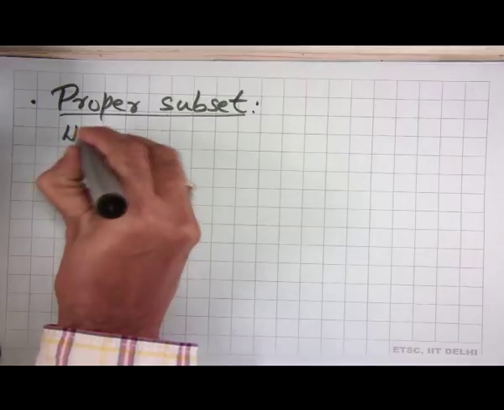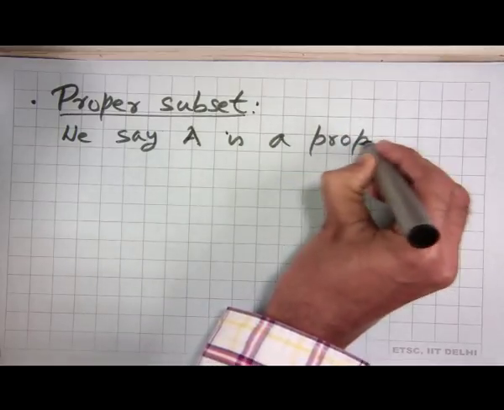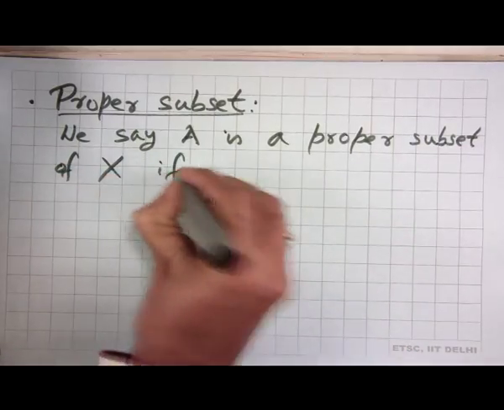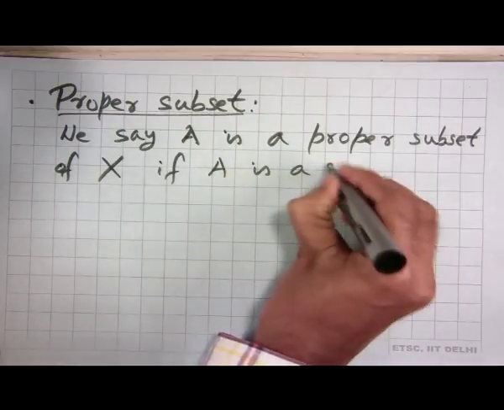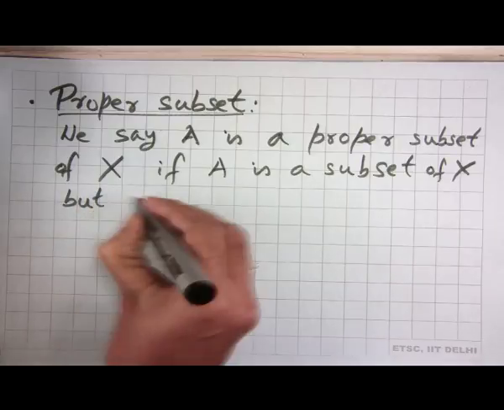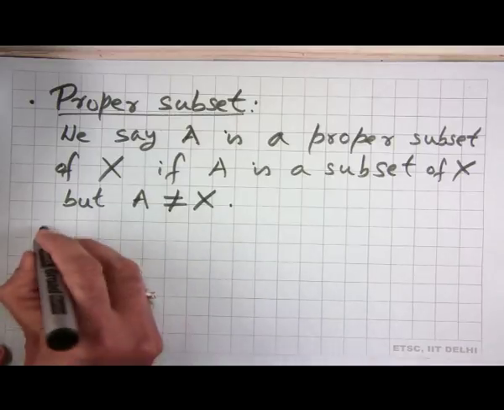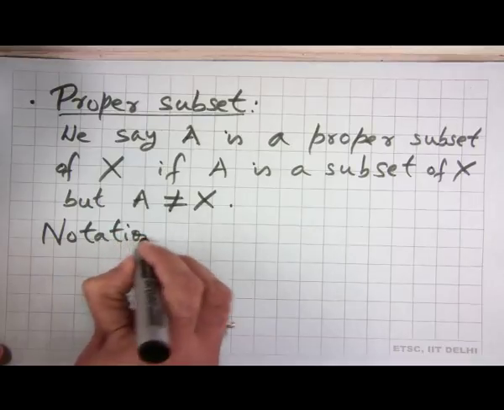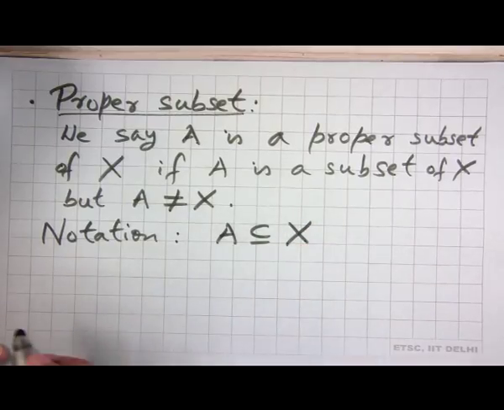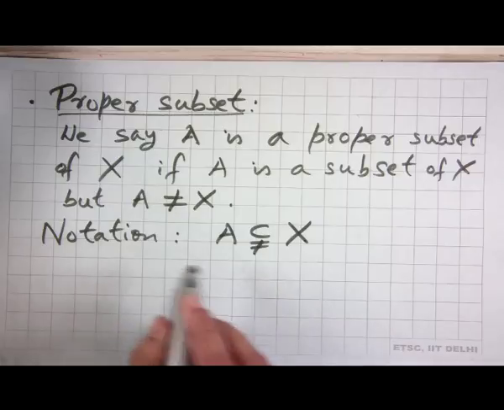We say A is a proper subset of X if A is a subset of X, but A is not equal to X. For subset we use A subset of X, and for proper subset we write it like this. So this will mean that A is a proper subset of X.